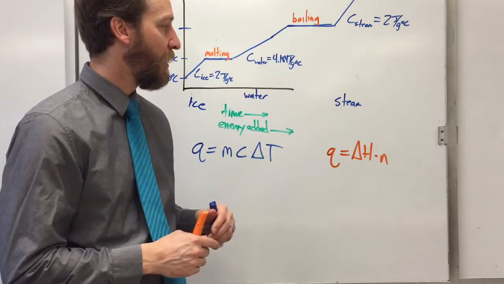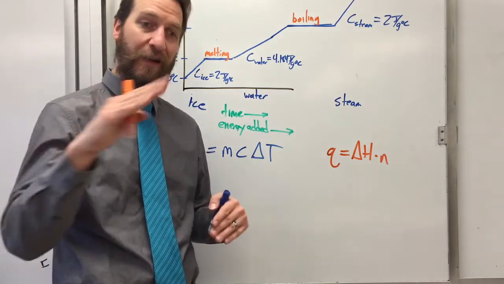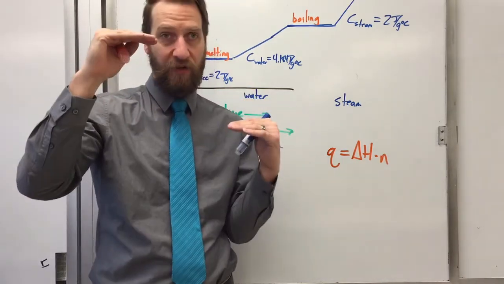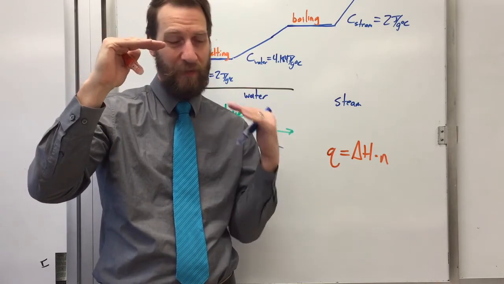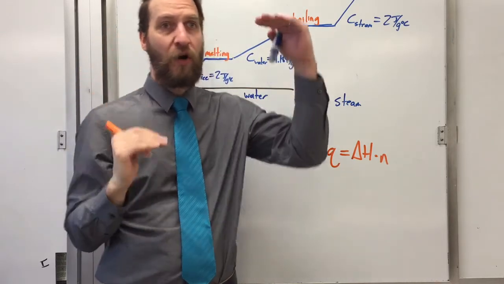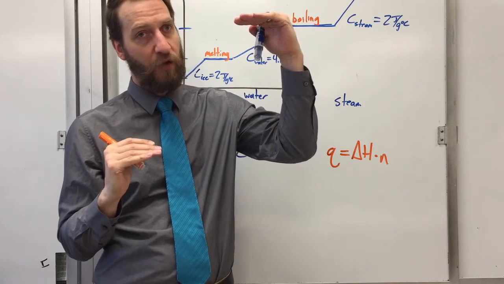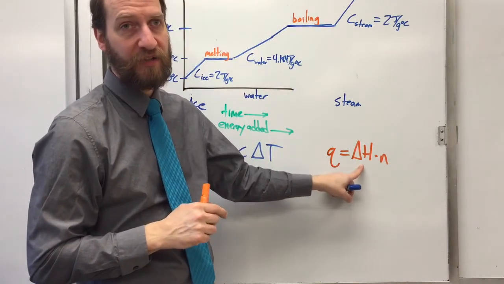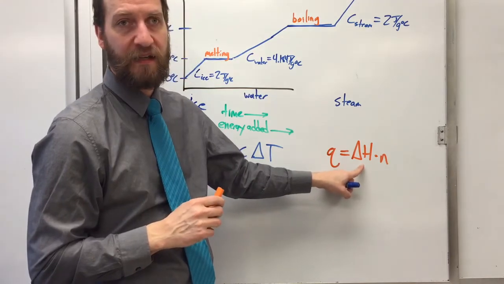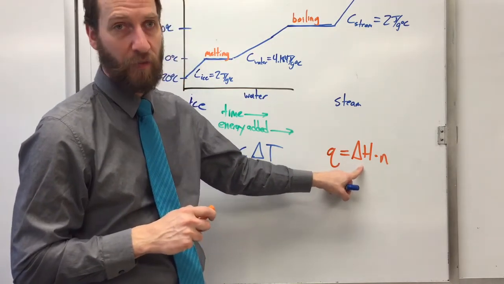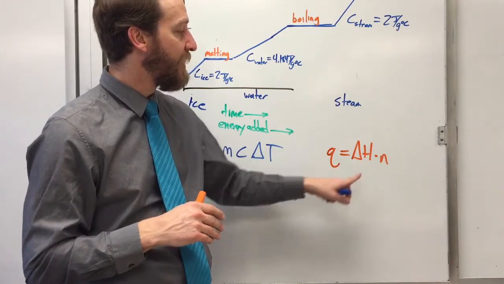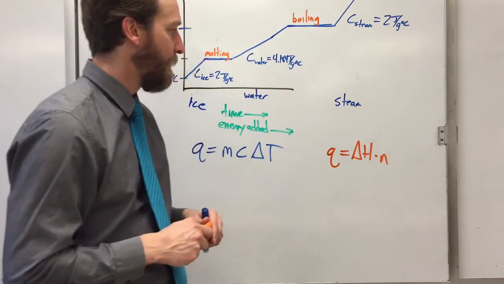If we remember our reaction profile diagrams where we had activation energy and things like that, where we had exothermic reactions where they started with high potential energy, ended with lower, or we had endothermic where we started with low potential energy, we ended with higher, that change in the potential energy we symbolize as delta H, a change in enthalpy. Enthalpy is a little bit more complicated than that, but for now we can think about it as the change in potential energy.